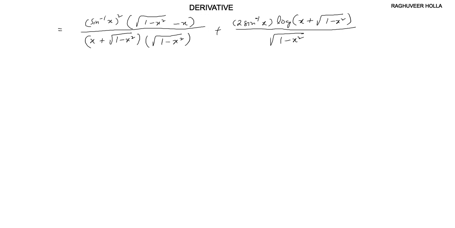So that is the solution. Okay, we'll find a few more problems to find the derivative.